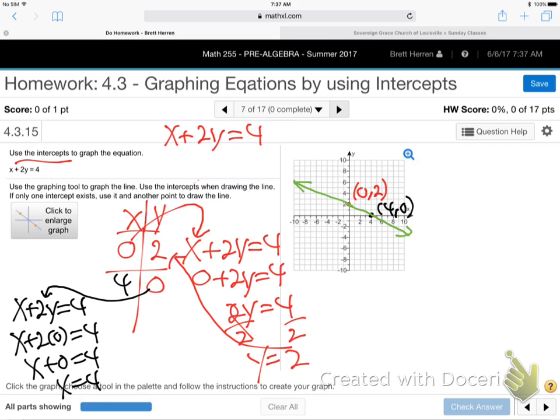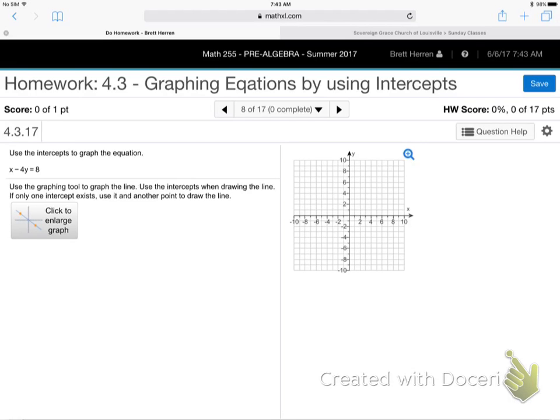And all right, so let's go. Pluses and minuses can be a little tricky, all kinds of times. So try that one. Same kind of process. x minus 4y is 8.